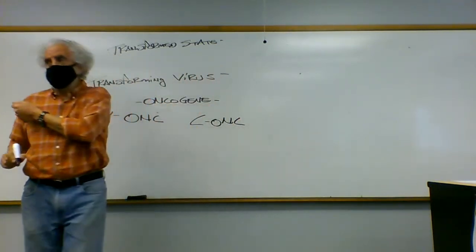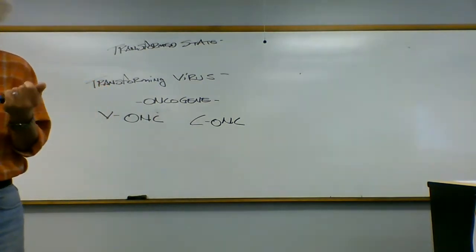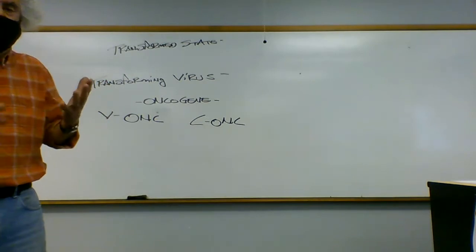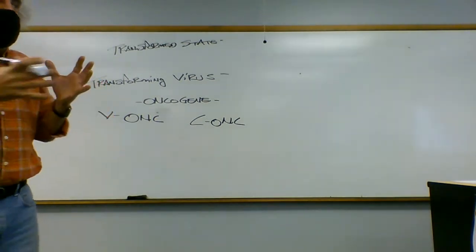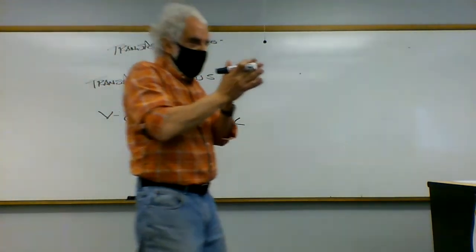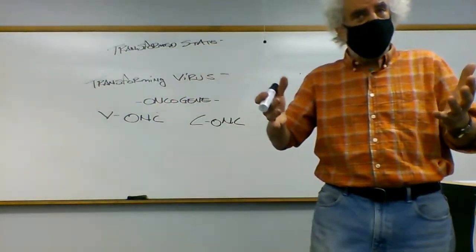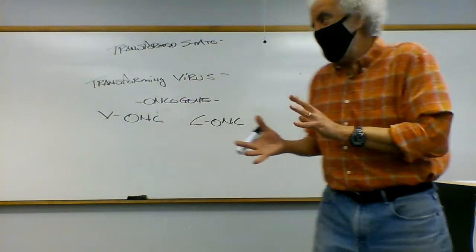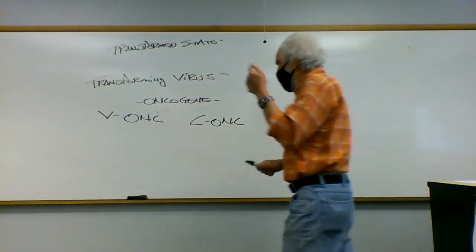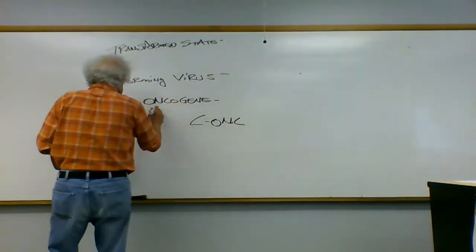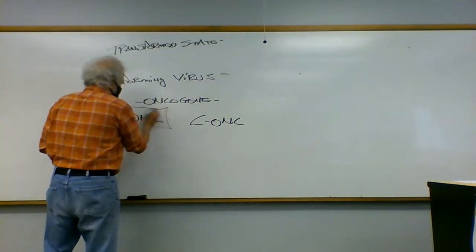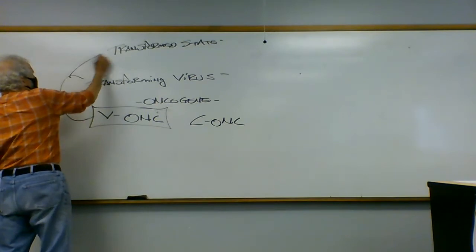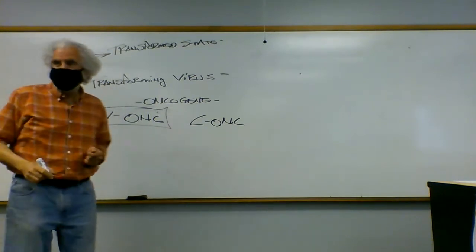C-onc. And so what they discovered is that oncogenes are us, that we have oncogenes, but we have them in the wild-type normal form such that they are under appropriate control. And what they discovered was you can add a viral oncogene to a cell, and that is what generates the transformed state.